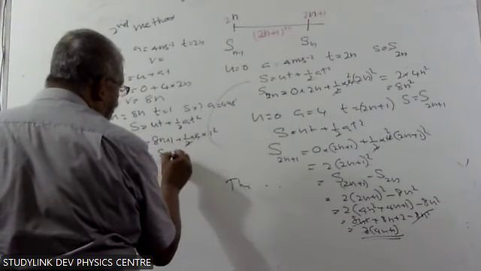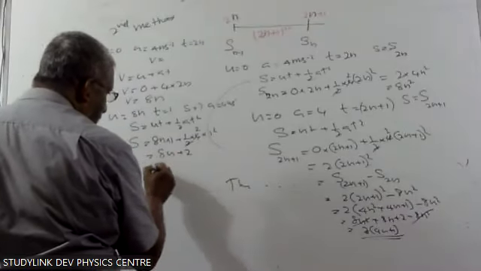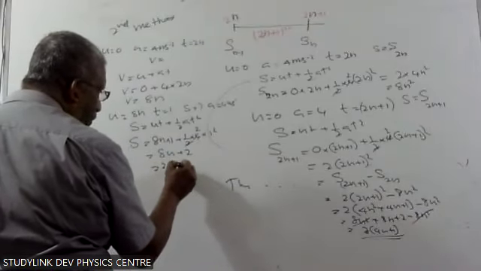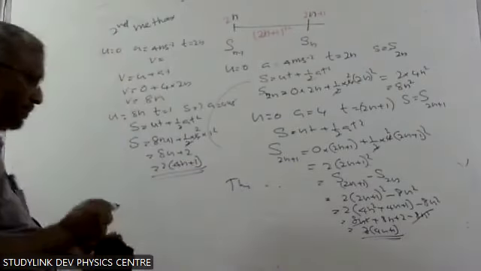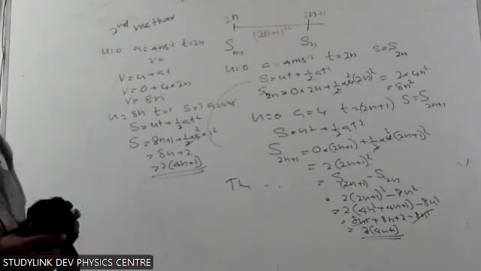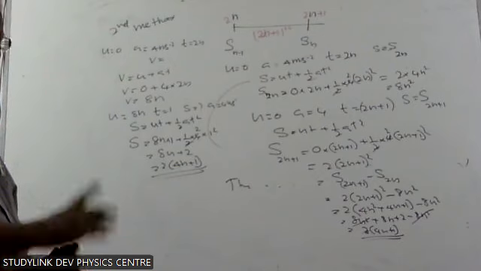Then this is 8n plus 2. That means 2 is taken out, 4n plus 1. So both answers are the same. Second method: first find v, from there we find s, taking t as 1.